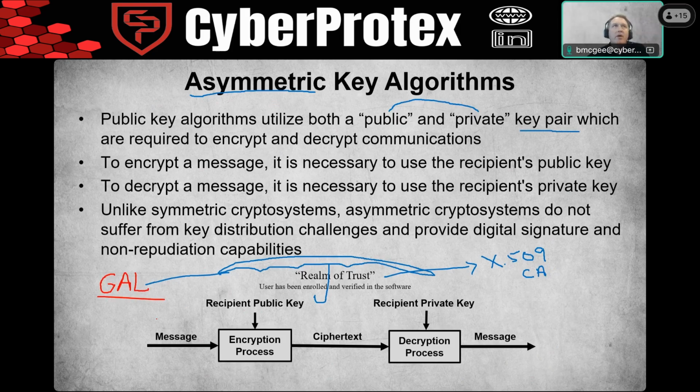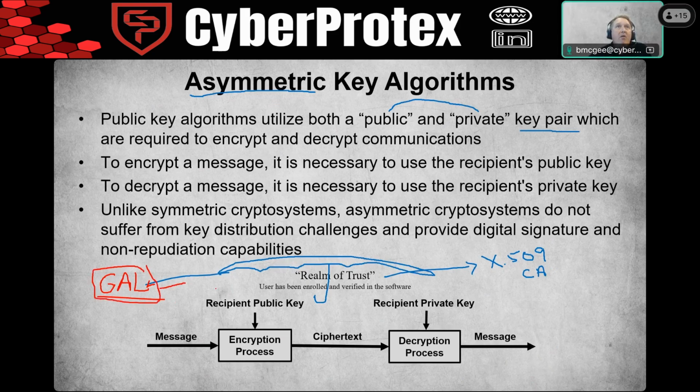If you're looking to send an email or a message in Slack, and that user is within the realm of trust, they've been vetted, they're on your domain, they have a Georgia Tech email address, then they would be inside the realm of trust, and it's likely that we can look them up in the GAL.